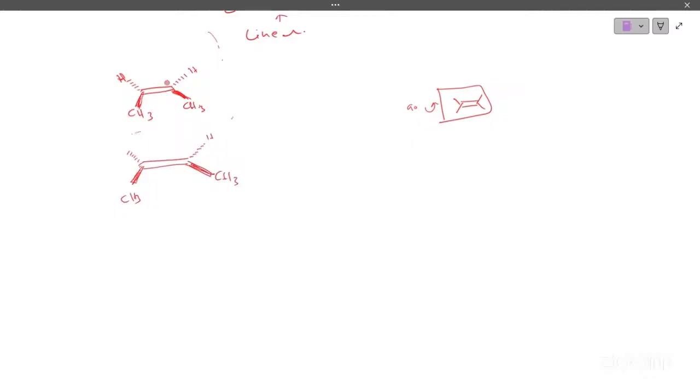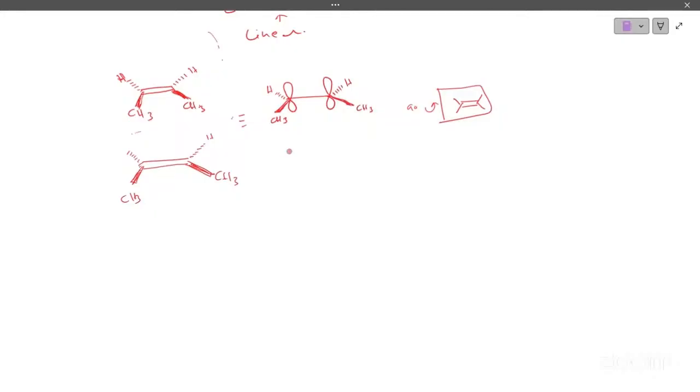Whenever we show these molecules in the orbital representation, these orbitals are oriented perpendicular to that line. Here the hydrogen is represented like this, and the methyl group is represented like this. Next, hydrogen, CH3.